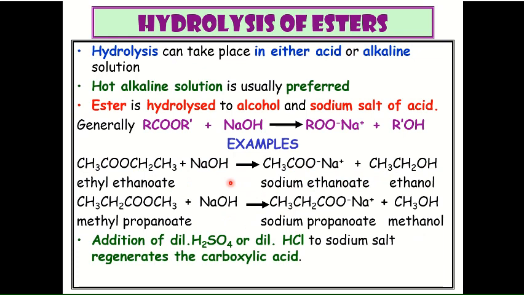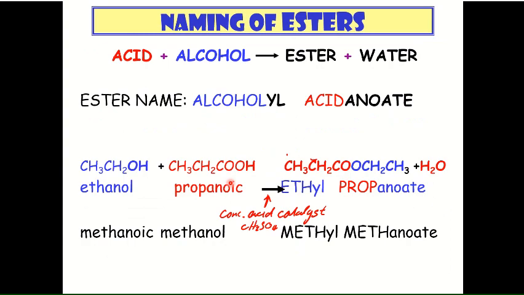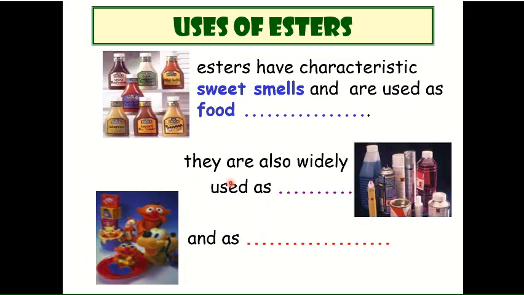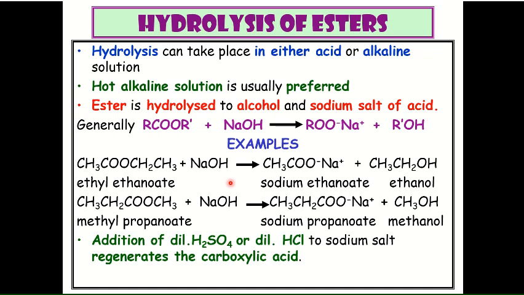The only thing you need to know really is esters can be reformed back into the original products. So the reaction is reversible. I haven't shown it here, but this reaction can actually go backwards. It'll go backwards in alkaline medium, but it can actually take place in acid medium as well. Usually a hot alkaline solution.